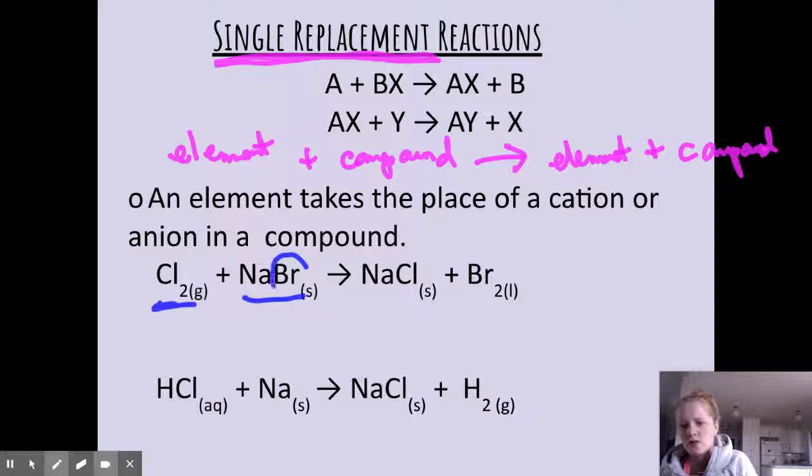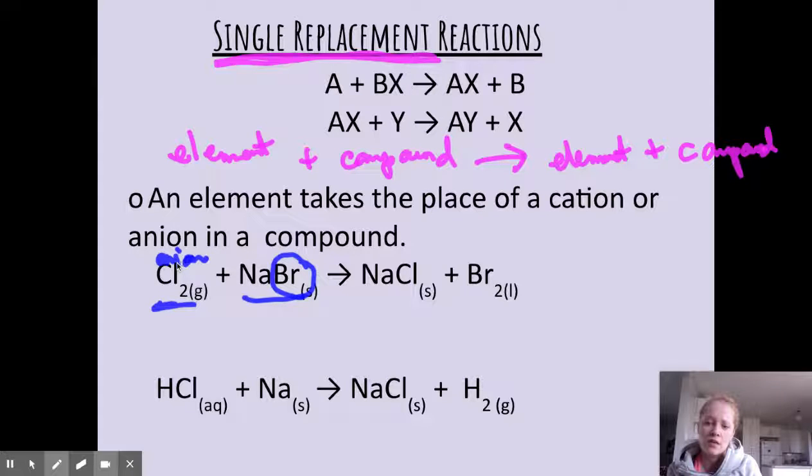In this example, our element happens to be an anion, because chlorine has a negative charge. So that's our anion. Depending on what the element is depends on what it's going to switch with in the compound.